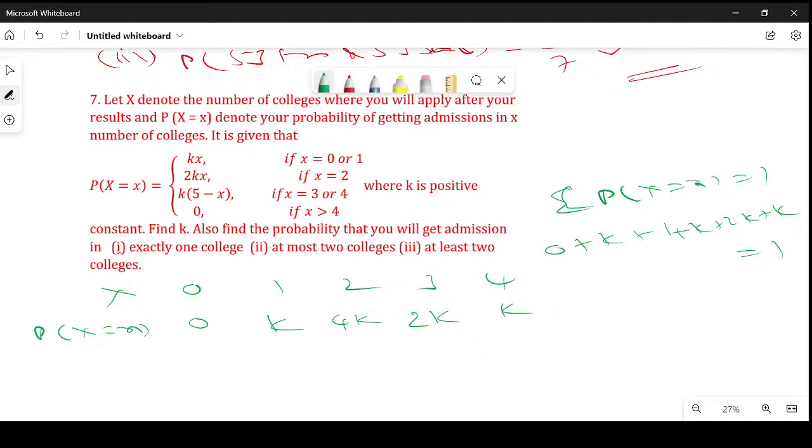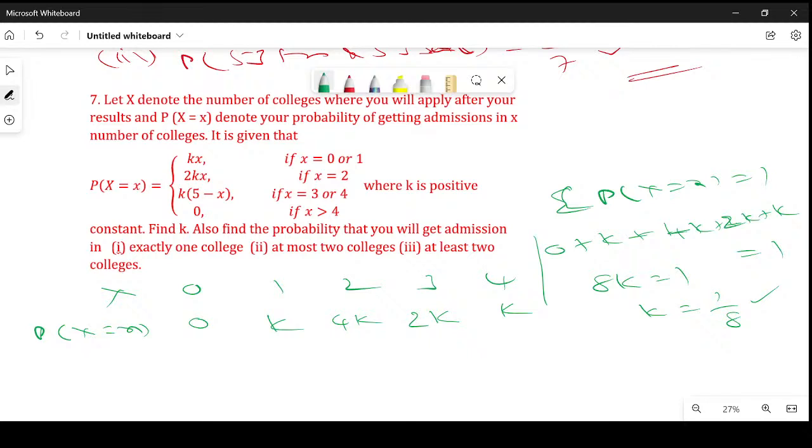Add all the probabilities: 0 plus k plus 4k plus 2k plus k. So 5, 7, 8. 8k is equal to 1. k is equal to 1 by 8. We have the k value, 1 by 8.